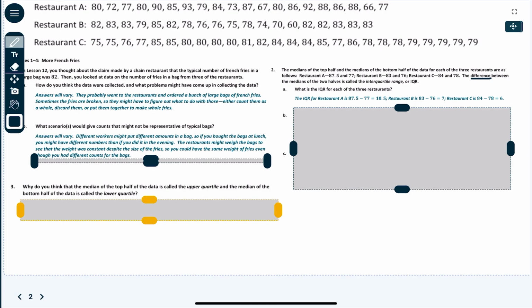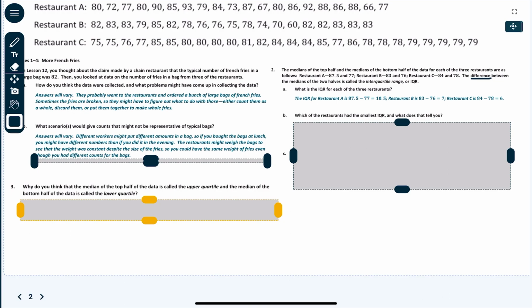Or in this case, we're going to look at the two medians for the interquartile range. But I could have also asked, what is the range for restaurant A? We would just take the maximum number of fries and the minimum number of fries, and that would have given us an entire range. It would not have given us the interquartile range, but it would have given us the range of fries.